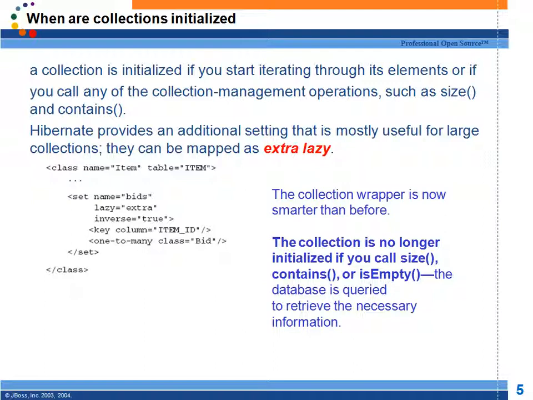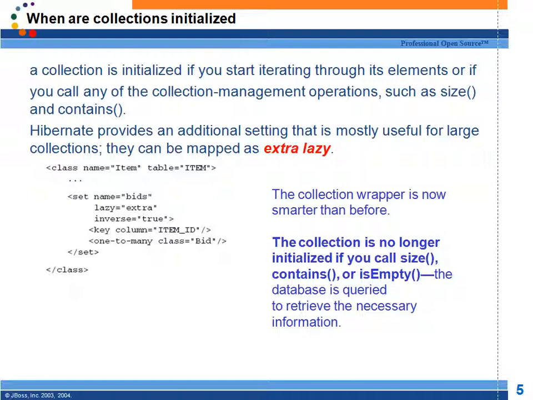By default, I'll get a proxy, and if I say dot size, it will go and fire the select query and retrieve everything. Then it will give me the size of the set. But if I just want the size of that set, why retrieve all the data? It can fire a query like select count of star from that collection, right?